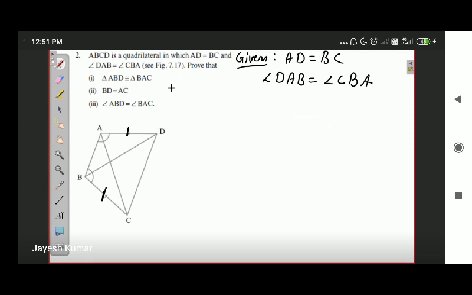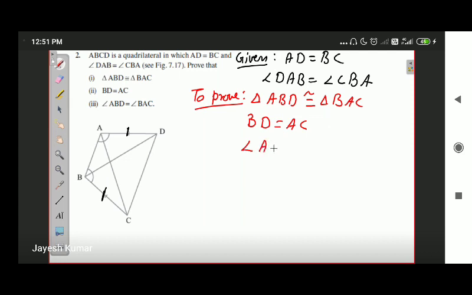Now we have to prove that, first of all, triangle ABD is congruent to triangle BAC. Secondly, BD is equal to AC. And thirdly, angle ABD is equal to angle BAC. We have to prove all these three things.